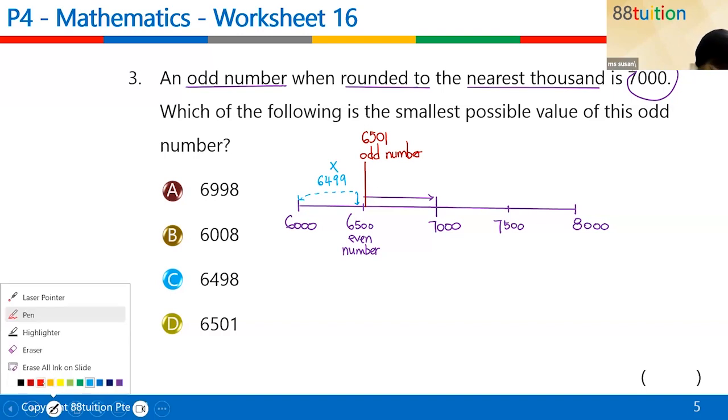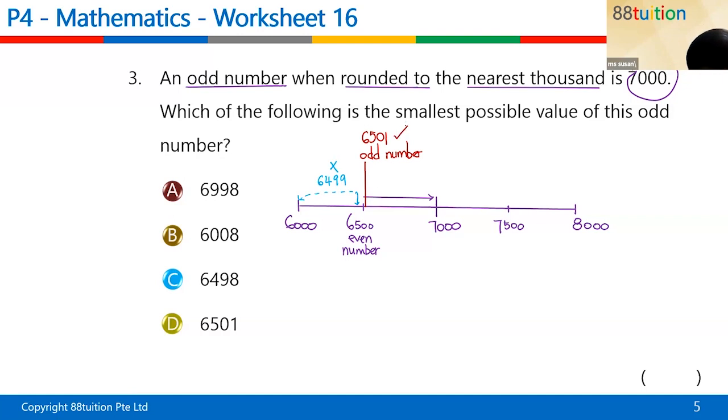Therefore, the only possible number is 6,501. Then you will say, sure, I know, because this is the only odd number I can choose from here straight away. Yes, for this question, I know. But I want to do proving to let you understand better. Don't just say the even number is out. Understand the basics. That is more important.